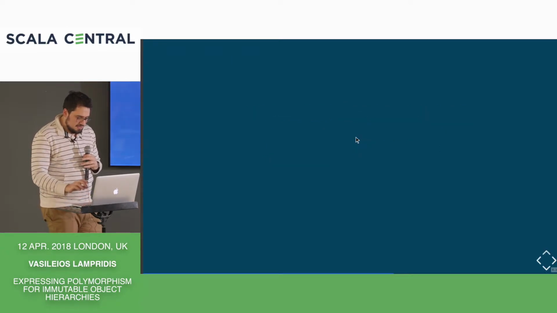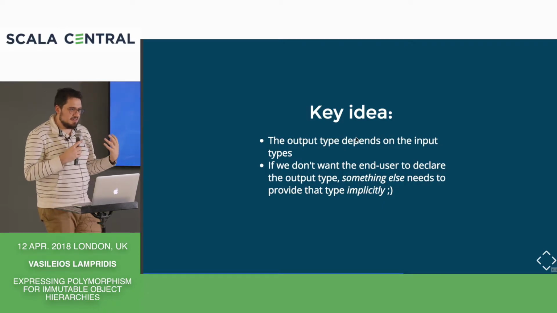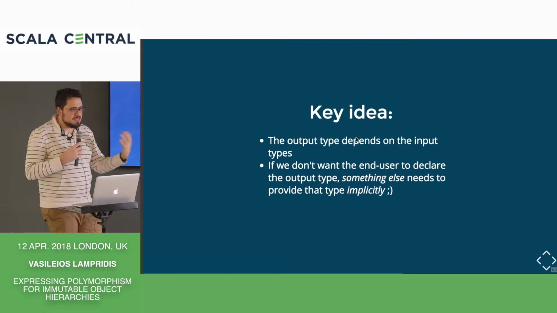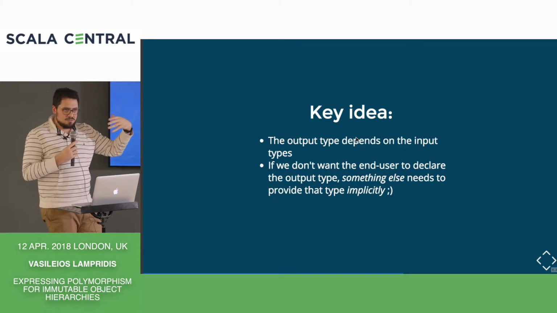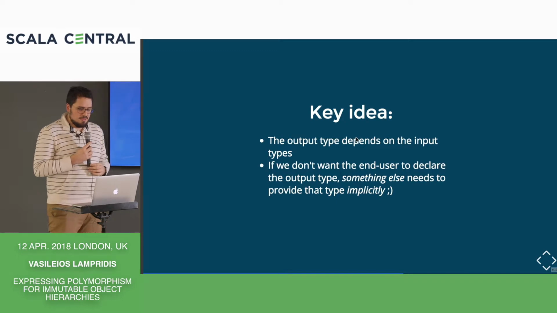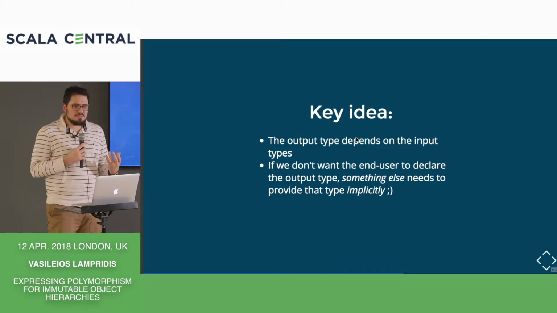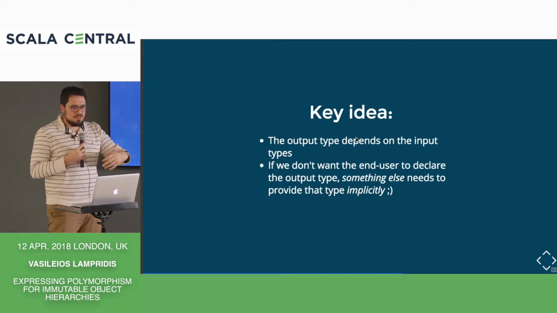And let's see. So the key idea is that if we were to express the multiplication or division, like I said before, on the abstract quantity and not having to implement it on each concrete quantity, we would need to have some way to drive the output type based on the input type.